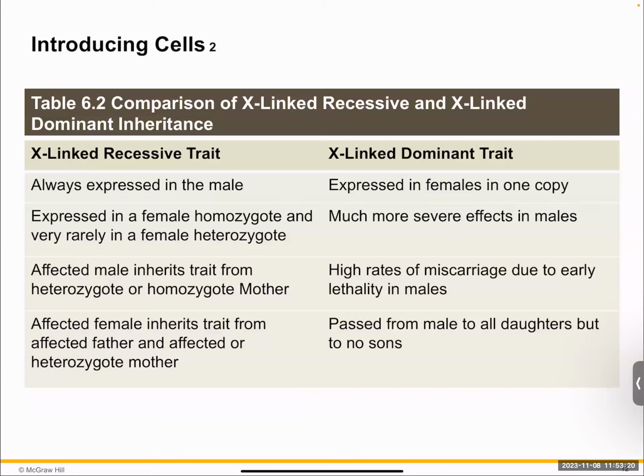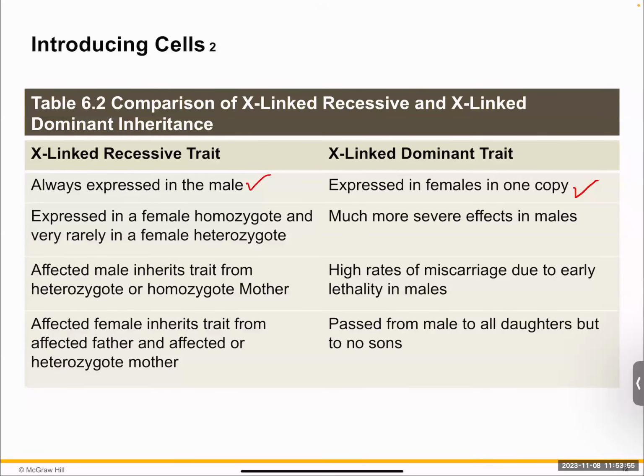Here's a chart that allows you to view and review the X-linked recessive versus X-linked dominant genes. So again, X-linked recessive is going to always express in males because you're only getting one copy of that X. But in females, X-linked dominant is expressed with only one copy for it to be identified.